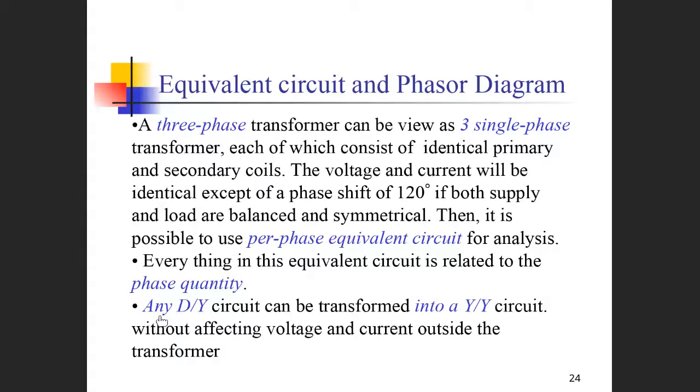Another point is that any delta-star circuit can be transferred into a star-star circuit without affecting the voltage and current outside the transformer.